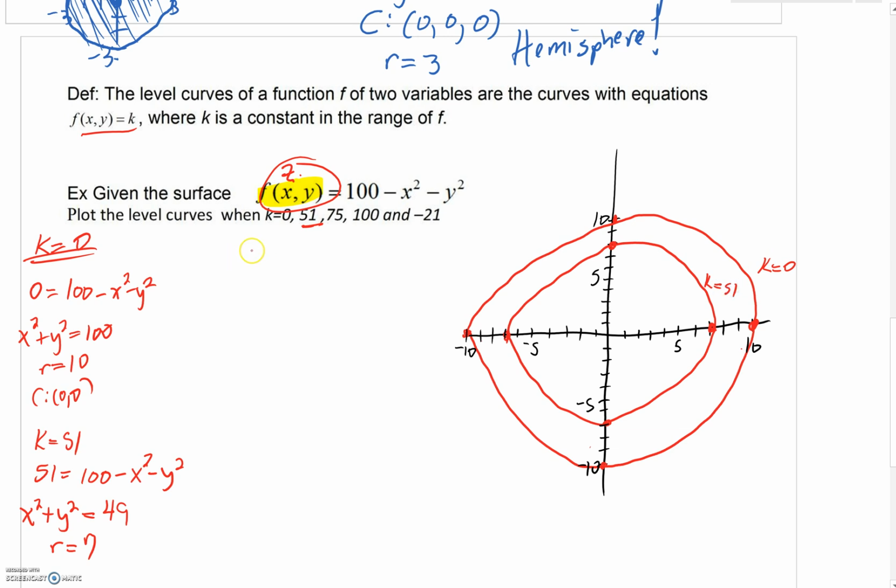You'd say, well, what about k equaling 75? Well, when k is equal to 75, we have 75 equals 100 minus x squared minus y squared. I'm going to add x squared plus y squared to both sides and subtract 75. I think you can see quickly your r this time is going to be a 5.